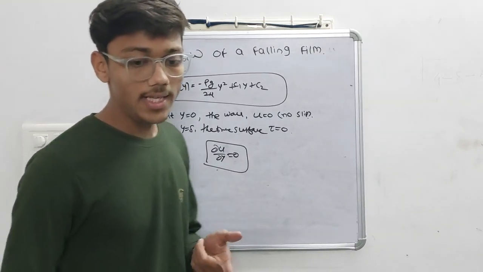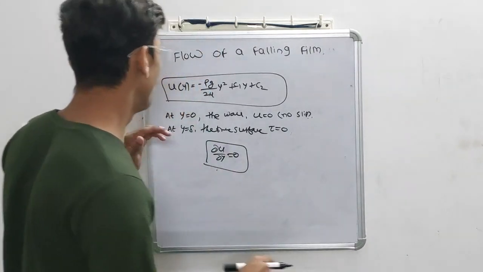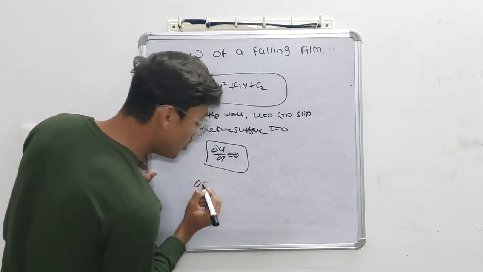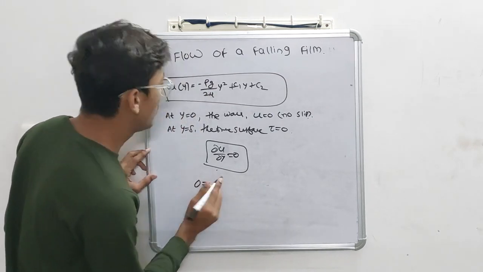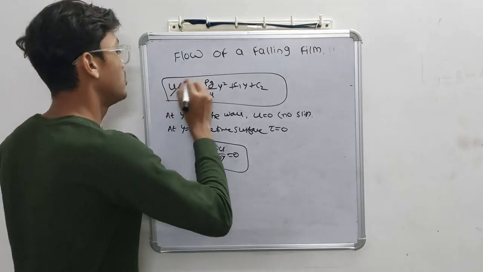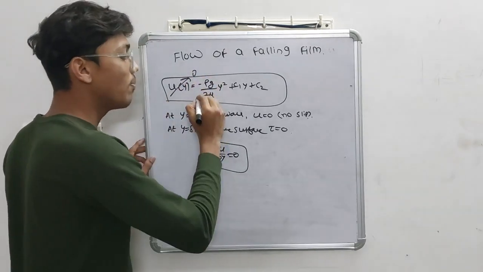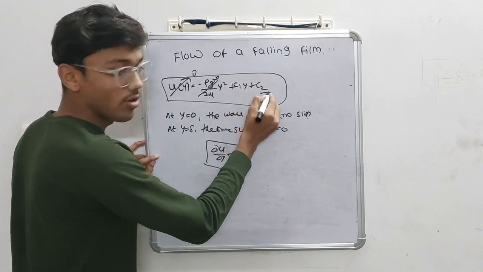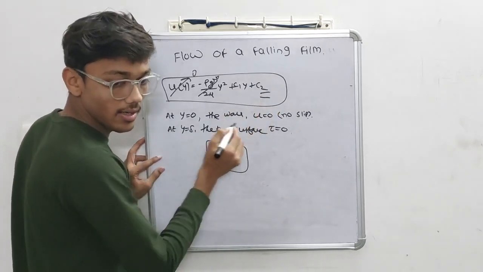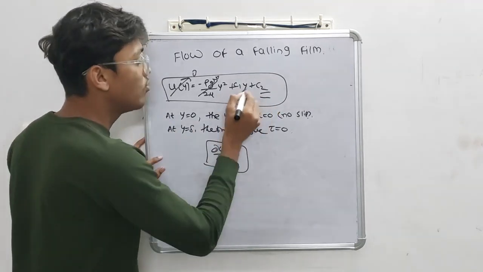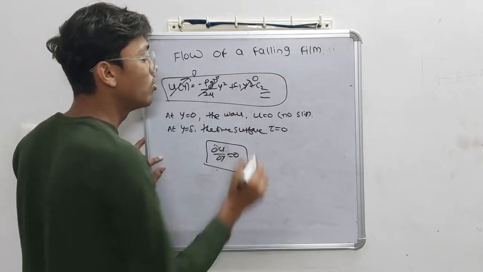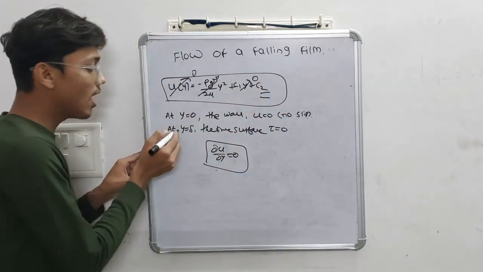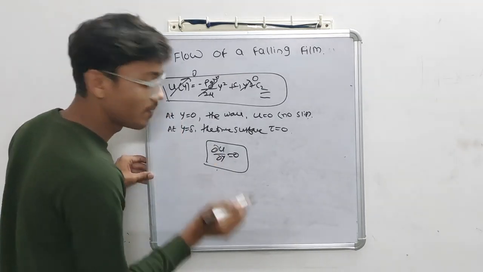Further, apply condition 1 to this equation. So 0 equals, this becomes 0, this also becomes 0, only we have c2, and y becomes 0, so we get c2 equals 0 by applying these boundary conditions.